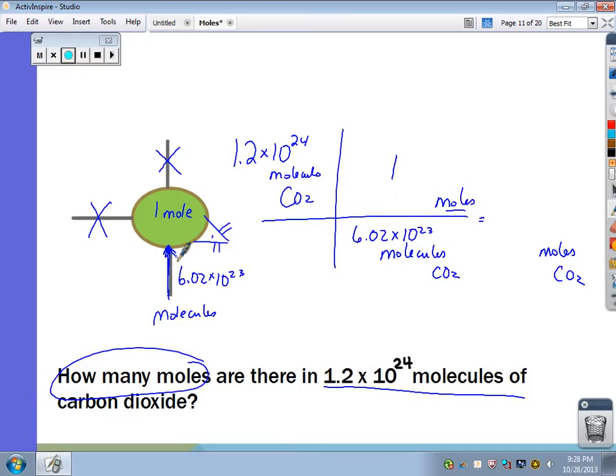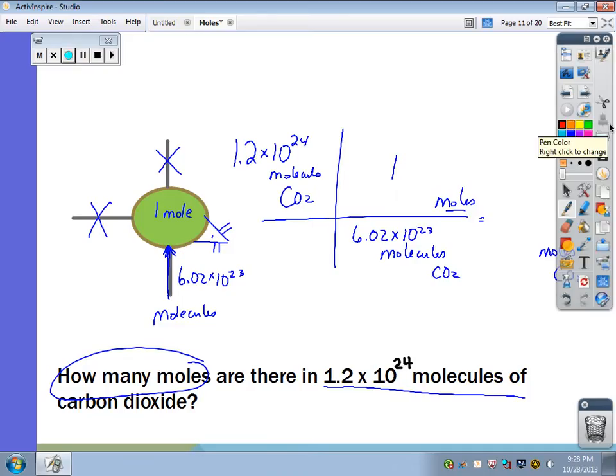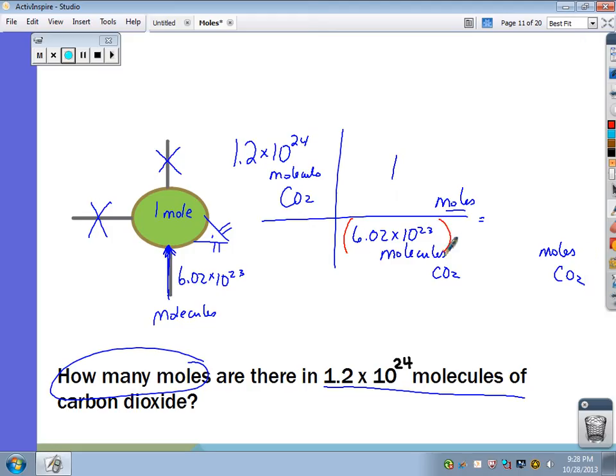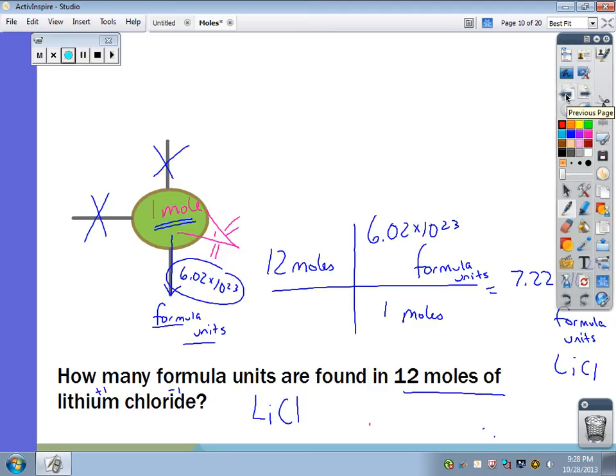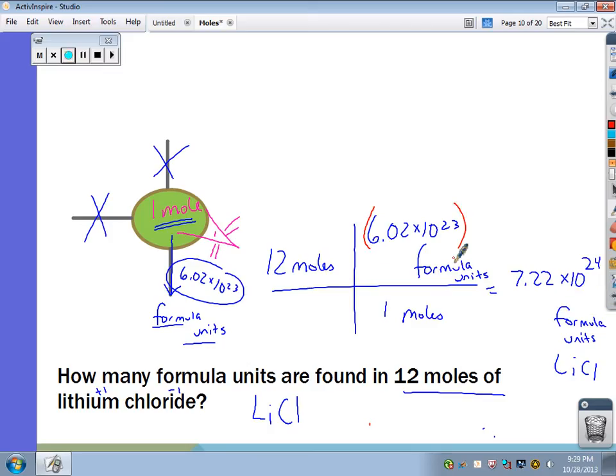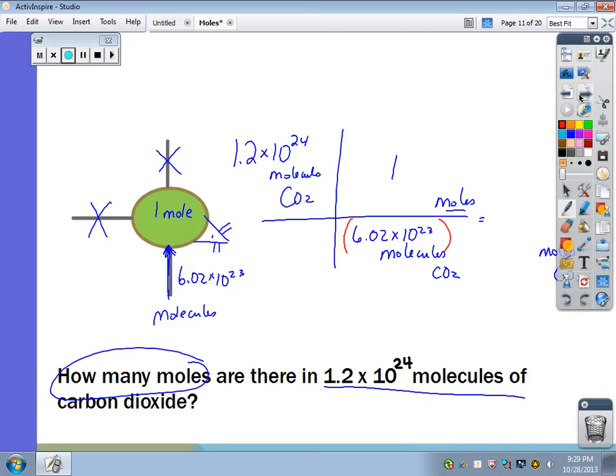Now, when this is on the bottom, my scientific notation, I need to put this in parentheses. Back here, I did not need to put it in parentheses. But if you forget, then you always put scientific notation in parentheses so you don't get it wrong. So this has to be in parentheses on the bottom.